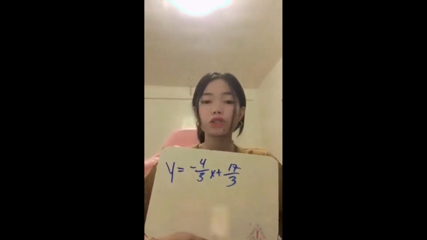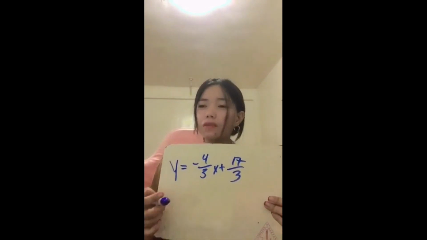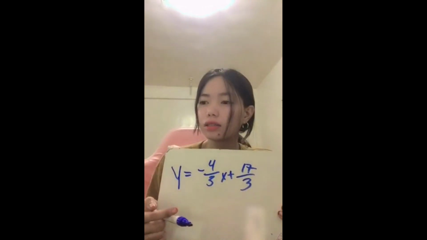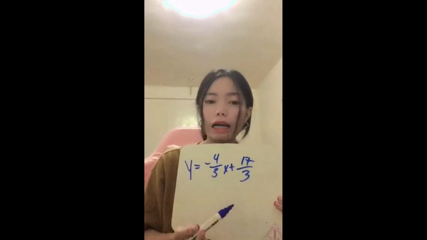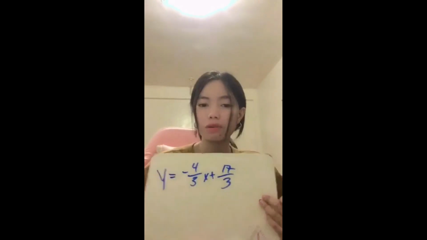So we need to substitute the values we found. So we get y equals negative 4/3 x plus 17/3 as the equation of the line. This is the result after we substitute the values we found.